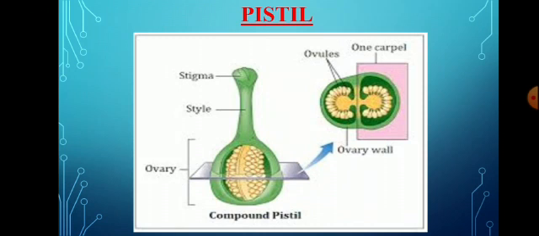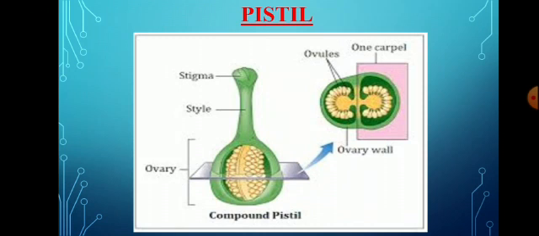Sepal is a green, leaf-like structure. Petal is a colorful, attractive, prominent structure. Then the stamen is the male organ of the flower. It has two parts, anther and filament. Then the pistil is the female organ of the plant.